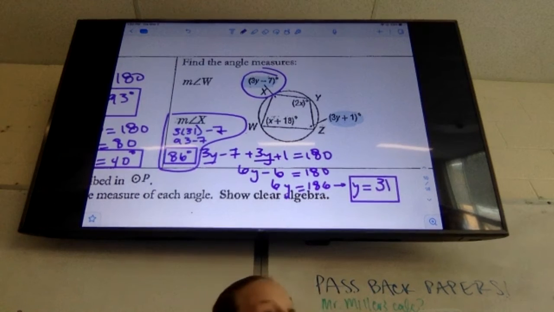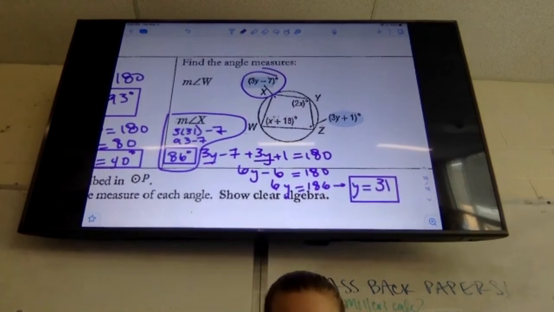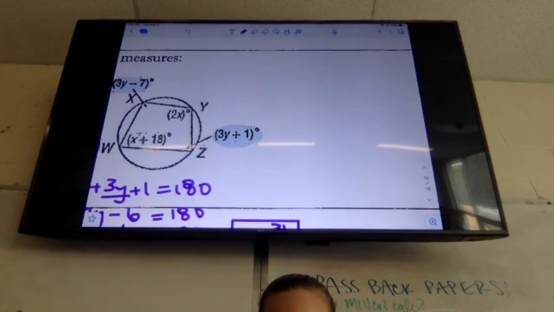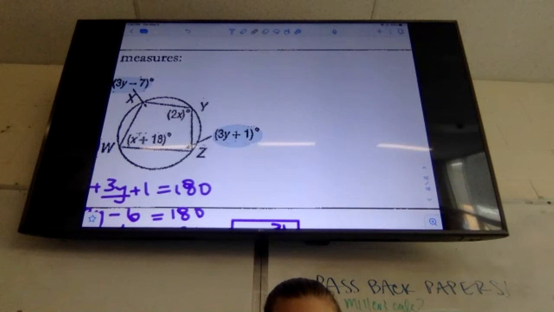Oh, no. We do need to find X though, because the next question says find angle W and we skipped to that. So how do I set up to find angle W? There we go. No, you're right. The difference is it says measure of angle X. So that's how I knew it wasn't just a variable.